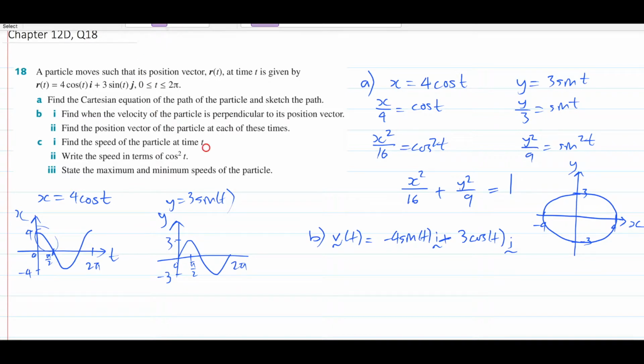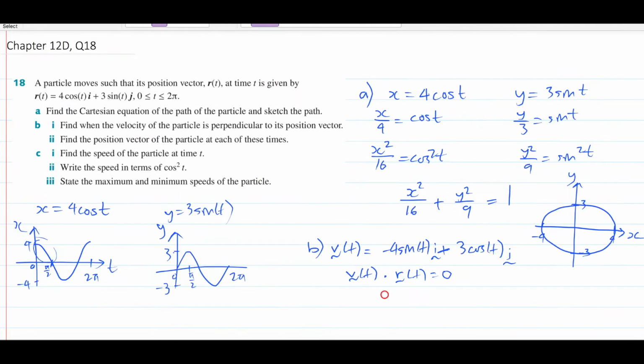And now we want our velocity vector to be perpendicular to our position vector. How do we do that? Well, the rule says, if the dot product of your velocity vector and another vector, so your position vector, is equal to 0, then they are perpendicular. So let's have a go. Velocity vector negative 4 sine t i plus 3 cos t j. If you dot product with this vector right here, 4 cos t i plus 3 sine t j, just multiply the coefficients independently.